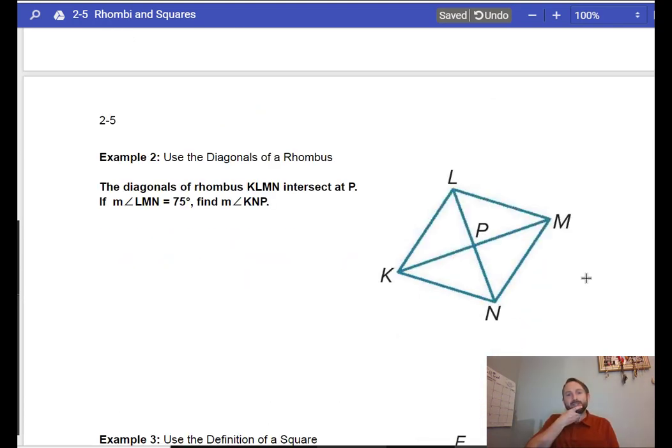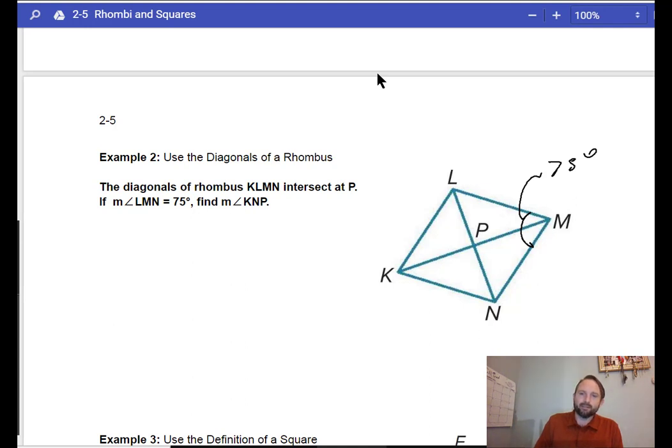Example 2. Use the diagonals of a rhombus. They intersect at P. If angle LMN is equal to 75 degrees, find angle KNP. So they want to know what this is equal to. Let's pause. I know KM is going to bisect the angle.